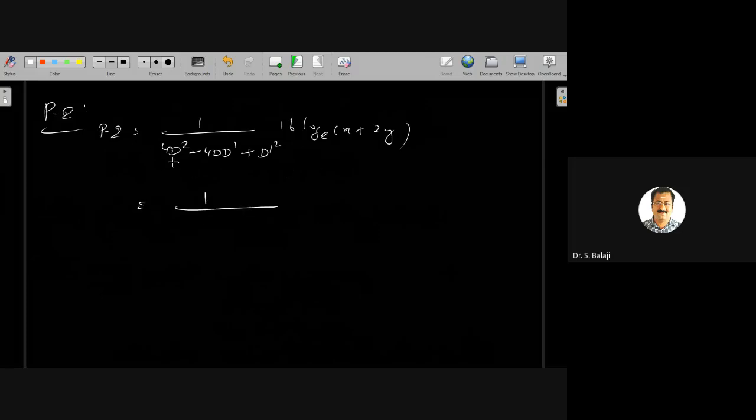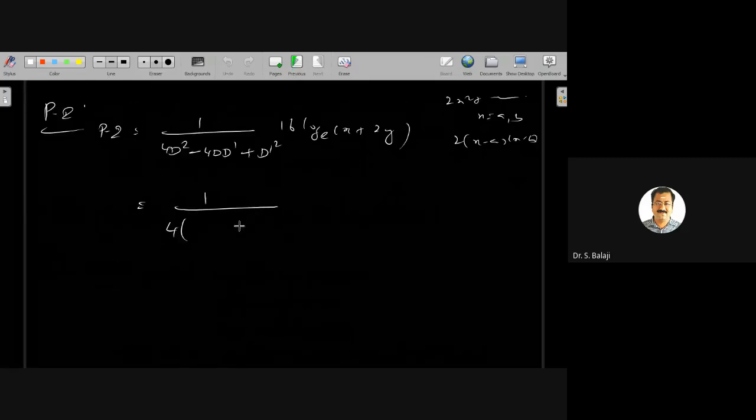If you want to write this in terms of factors, take 4 as a common element. Suppose your equation is 2x square plus something equal to 0 and your roots are a, b. Then you can write 2 into x minus a, x minus b. Here the roots are half.